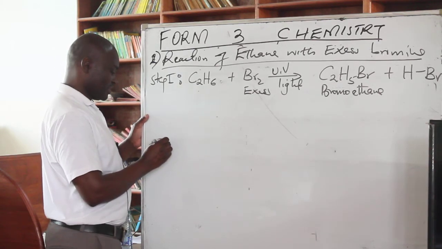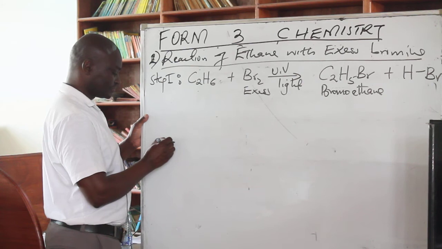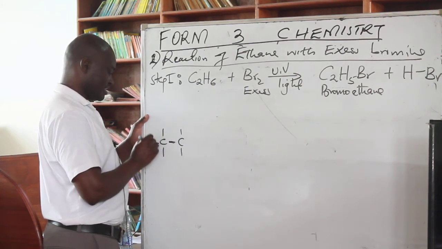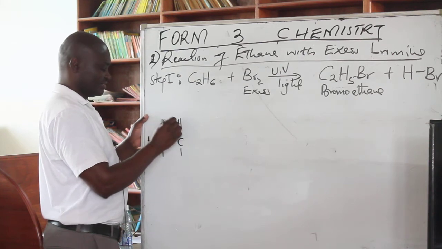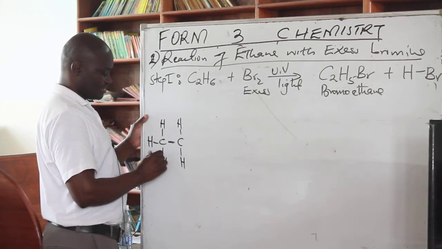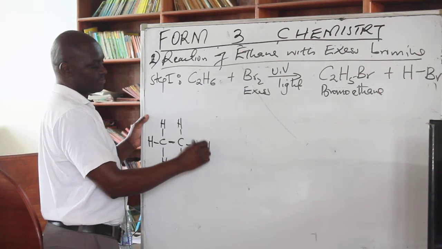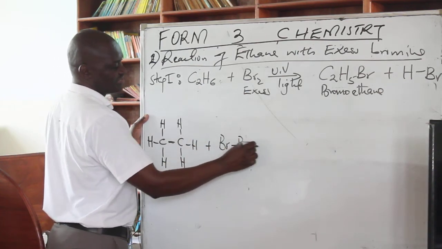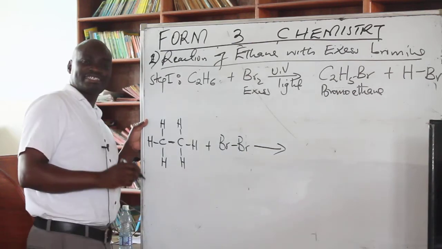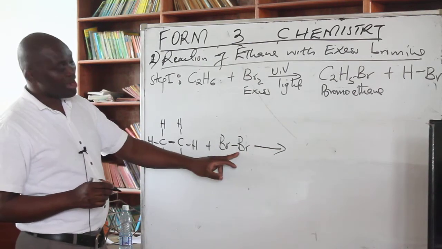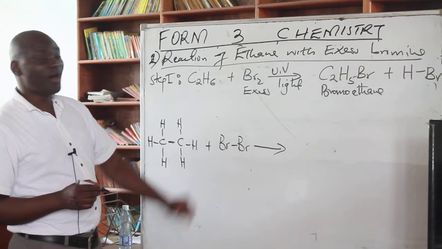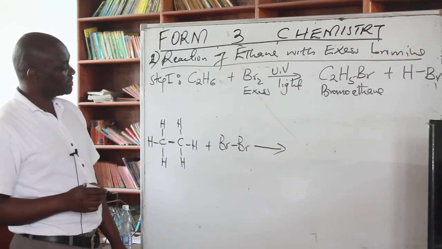Now, in terms of structure, if we have ethane plus bromine in the presence of UV light, the bromine bond will break up.